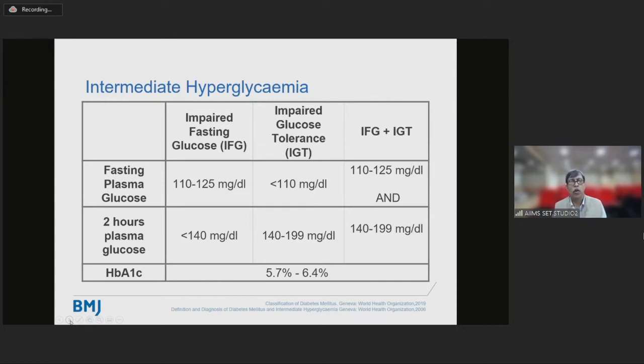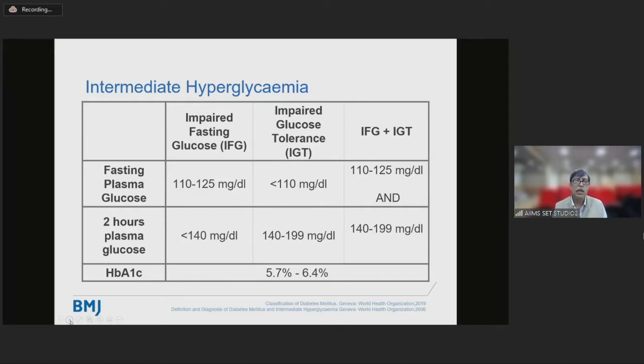As opposed to that, impaired glucose tolerance requires a normal fasting plasma glucose, but a 2-hour post-load plasma glucose between 140 and 199. And of course, people can have both IFG and IGT, which is shown in the extreme right column. The ADA recommends a range of A1Cs which can be used to define what they call pre-diabetes, which is 5.7% to 6.4%.